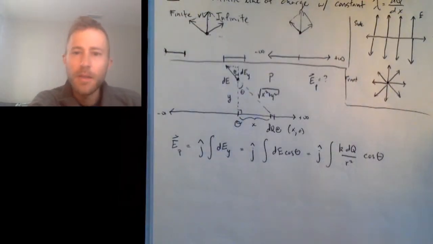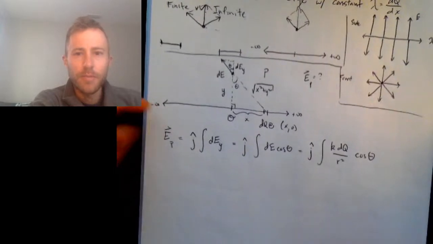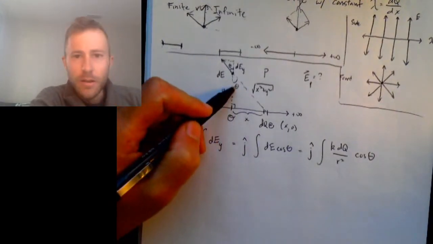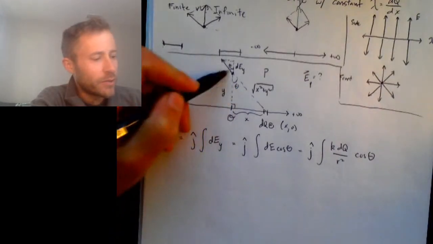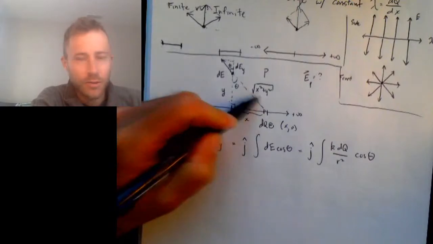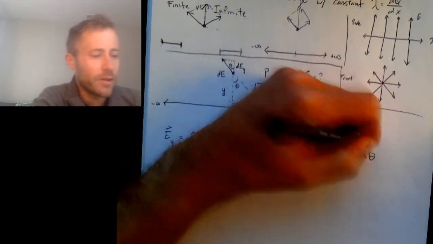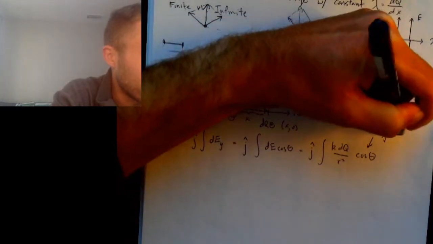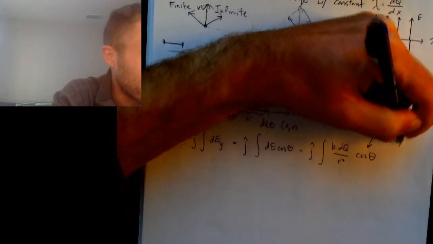Because these are vertical angles, cosine of theta is adjacent over hypotenuse. So this cosine of theta term is y over square root of x squared plus y squared.